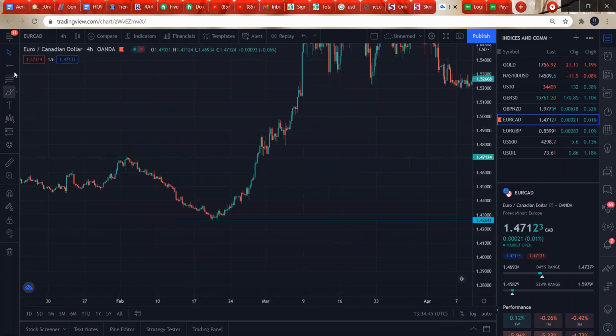Okay, there's this one here. That's the order block which made this move. Because from here, this will be the take profit somewhere here.